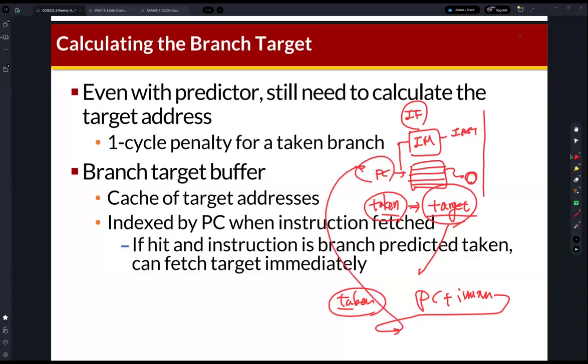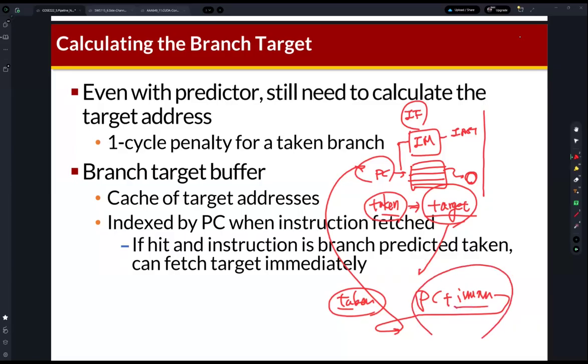Okay. So using the branch predictor, we can get the result of a branch instruction in the instruction fetch stage. It's very early, right? But how about the target?